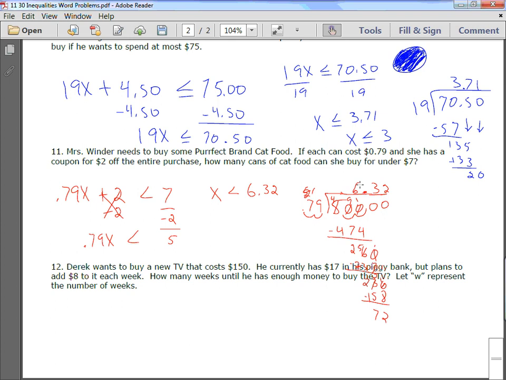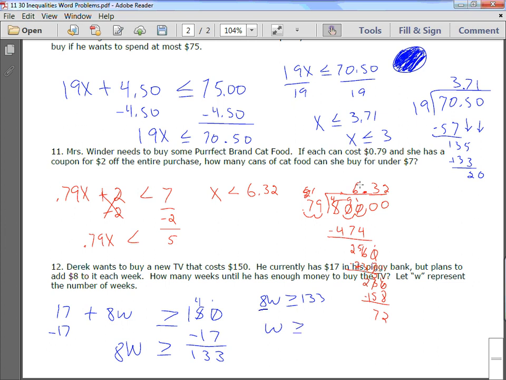So subtract 17 from both sides. I get 8W is greater than or equal to 133. W is greater than or equal to, when I divide both sides by 8, 16.625.